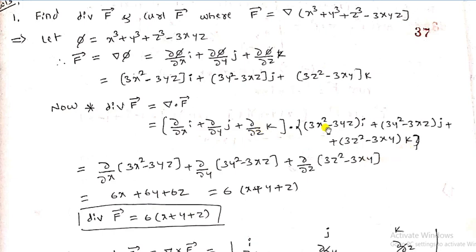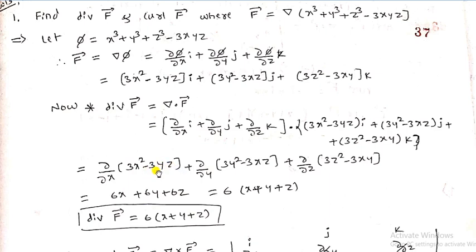So differentiate the first term with respect to x, that is dou by dou x of 3x square minus 3yz, plus dou by dou y of the j term, 3y square minus 3xz, plus dou by dou z of the last term, 3z square minus 3xy.